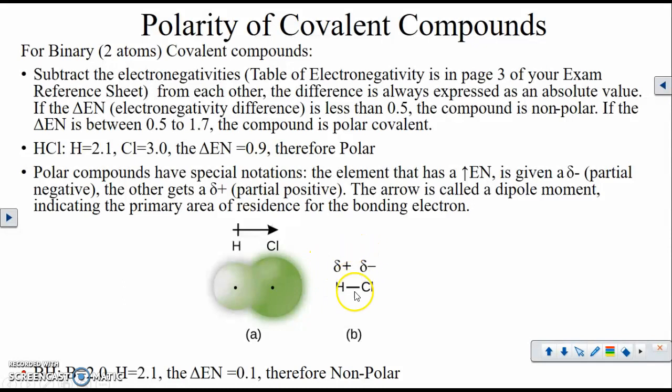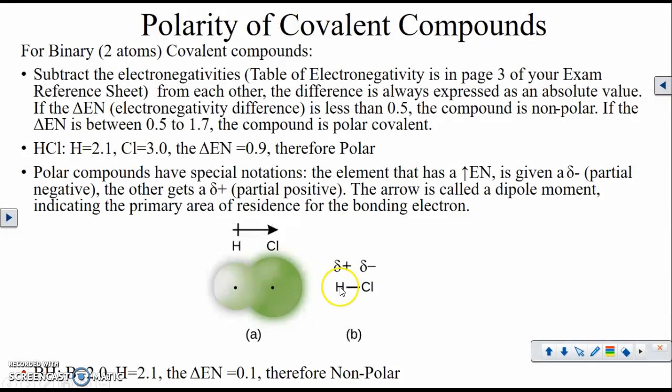This is called partial negative and partial positive because, even though polar covalent compounds share electrons, the electron, because chlorine is much more of an electron lover than hydrogen, resides around chlorine more often than around hydrogen.